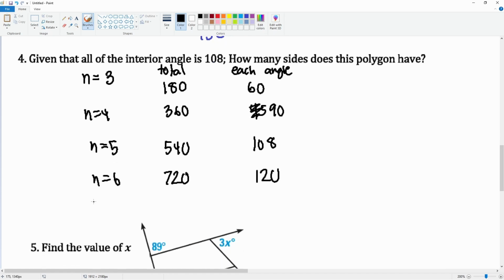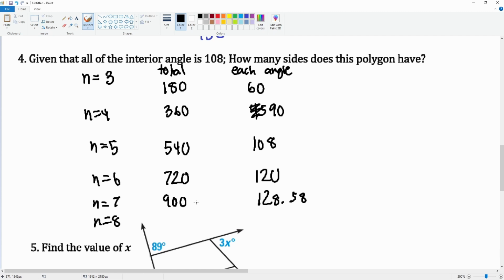Let's do n equals 7. That's 180 times 5, so this is 900. 900 divided by 7 gets you 128.58. Not even close.